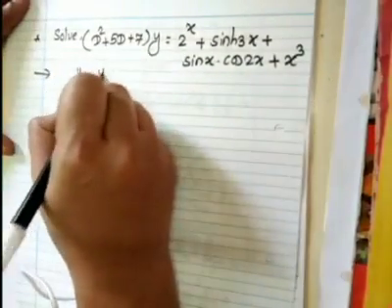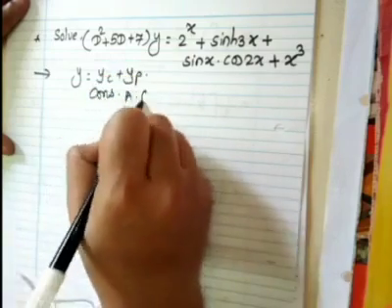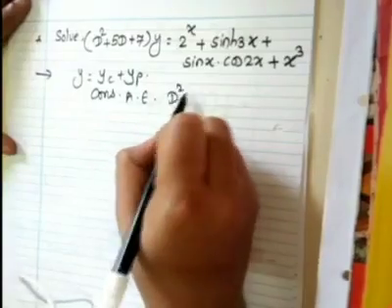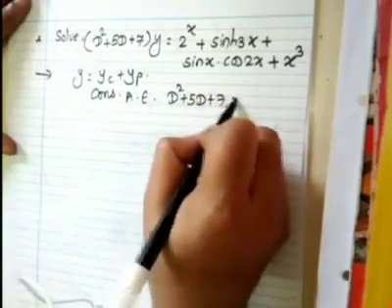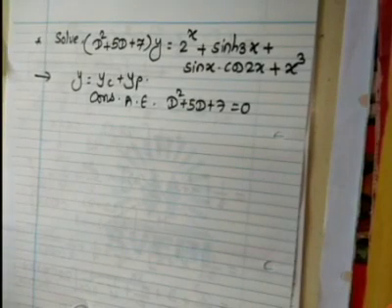General solution y is yc plus yp. To find yc, you have to consider the auxiliary equation, that is d square plus 5d plus 7 is equal to 0. Solve for this and tell me the roots.